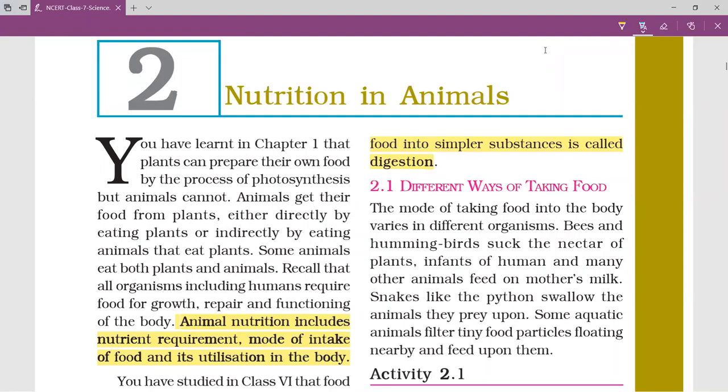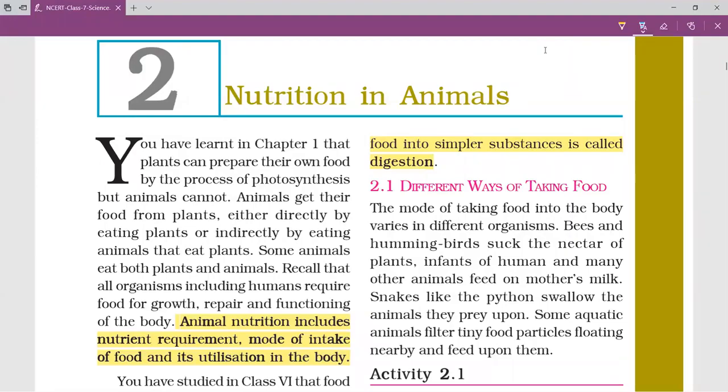In the first lesson, Nutrition in Plants, we studied different modes of nutrition observed in plants, like the autotrophic mode of nutrition and the heterotrophic mode of nutrition. Now in this lesson, we are going to learn nutrition in animals, like single-cell animal amoeba, herbivore animal, and nutrition in human beings.